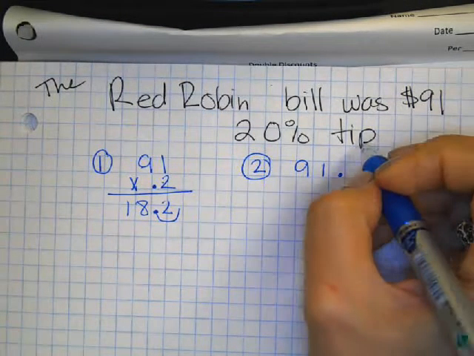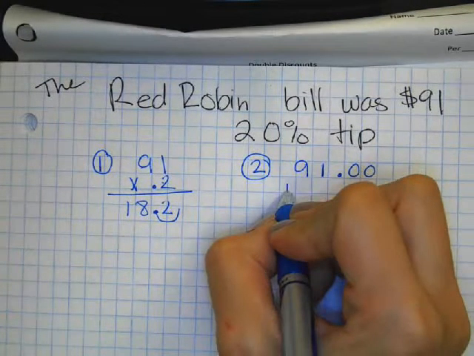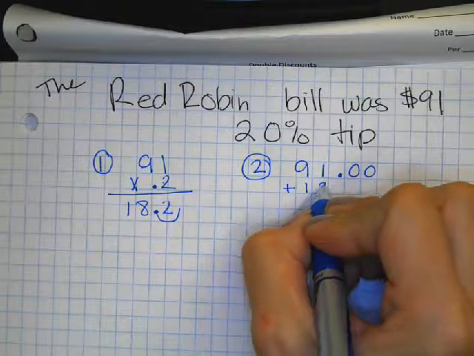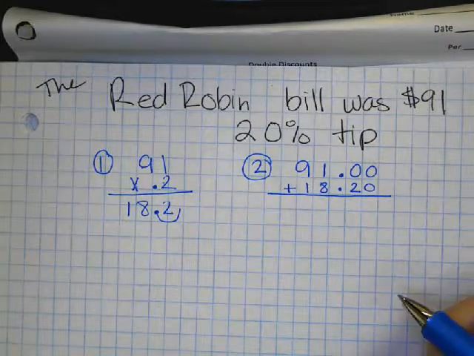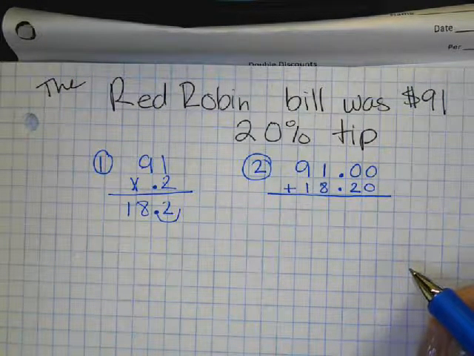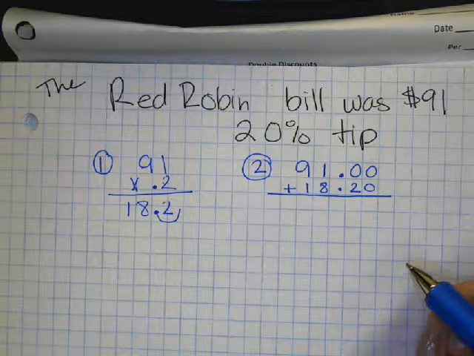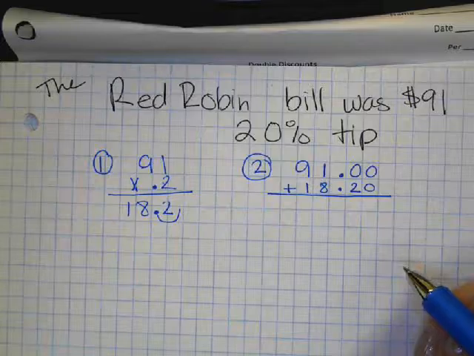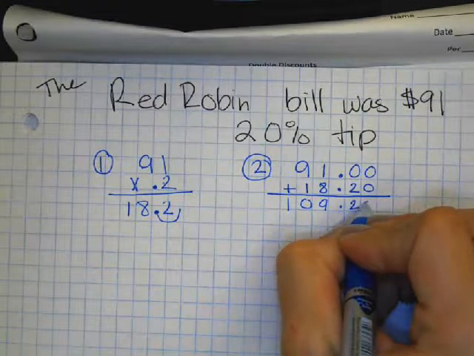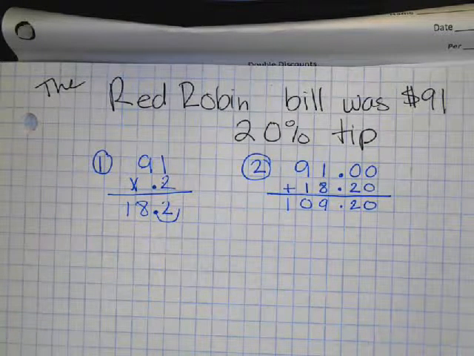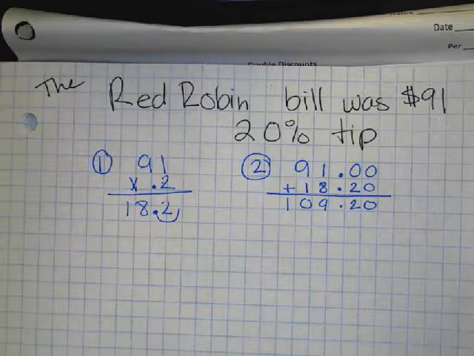How many zeros should I add? Thank you. Am I going to add or subtract? We're going to keep it to ourselves for 2 seconds. What is your answer? Good. All right.